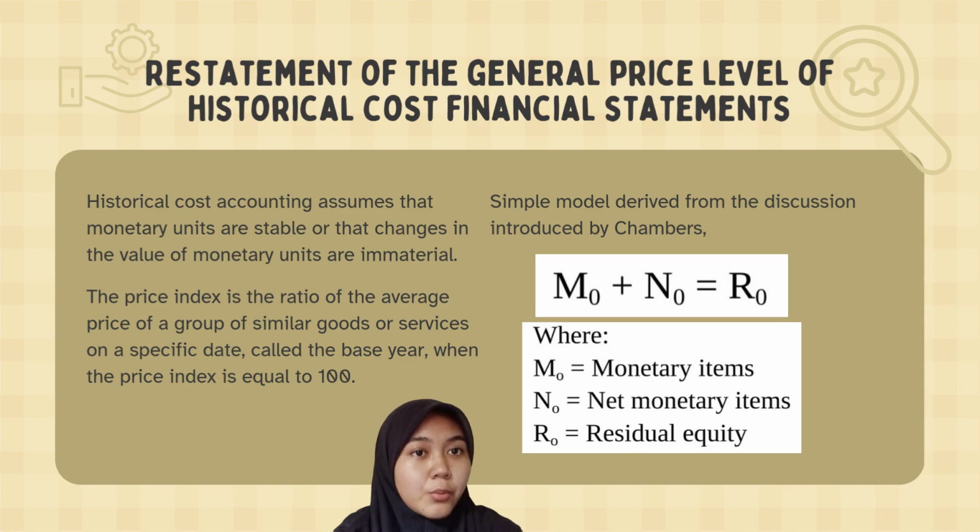At this level, monetary items can be defined as items whose sum is fixed in terms of dollar amounts by contract, regardless of change in the price level for period 0. The balance sheet equation is expressed in dollars at time 0, with the formula you can see in this PowerPoint slide.